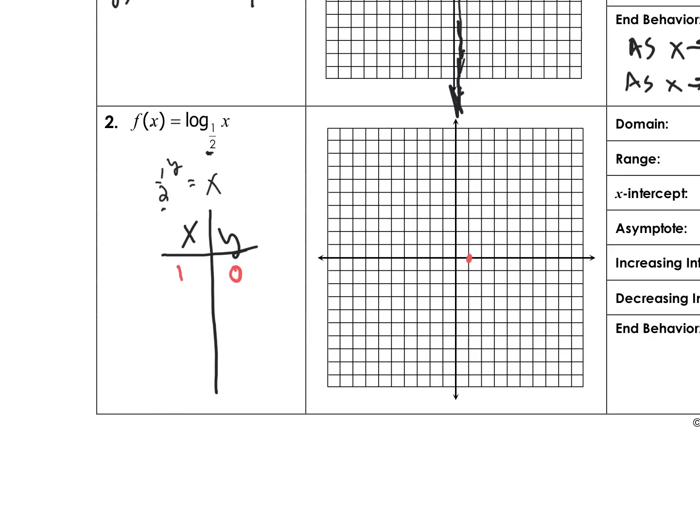Then let me plug in a y value of 2. 1/2 squared is 1/4. Oh, it doesn't go up very high. I mean, the x is 1/4.